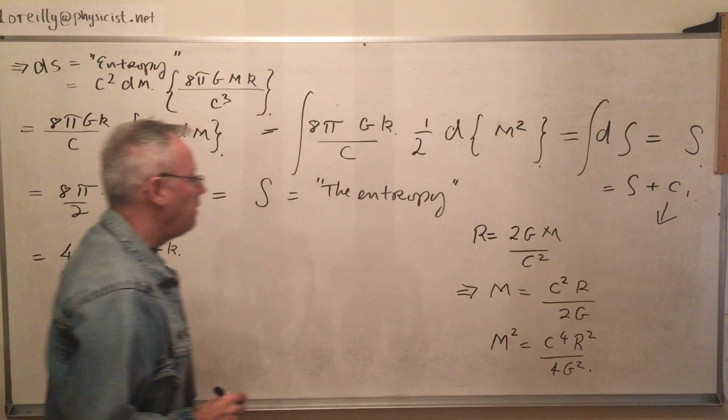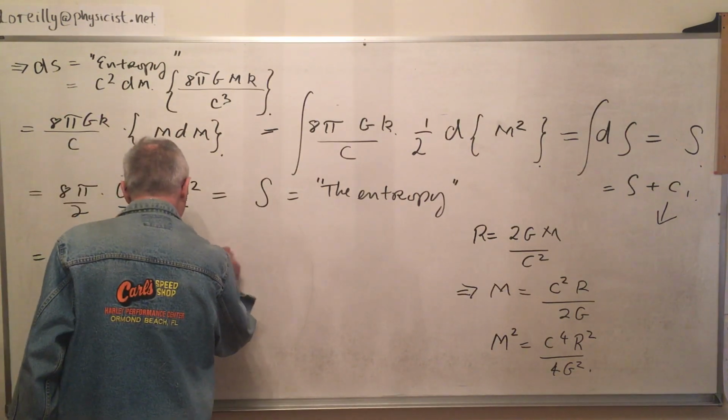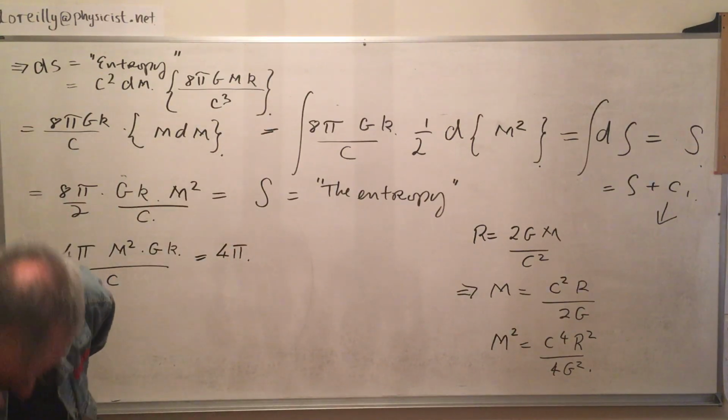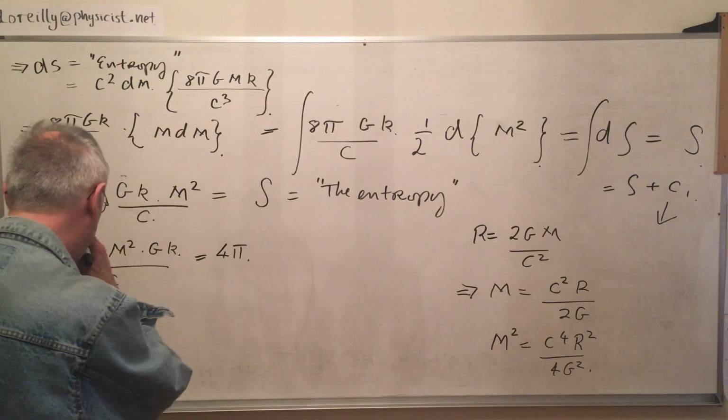Using the definition of the horizon, r equals 2GM over c squared, therefore M is c squared r over 2G, and M squared is c to the fourth r squared over 4G squared. Okay, just make sure I don't make a mistake.